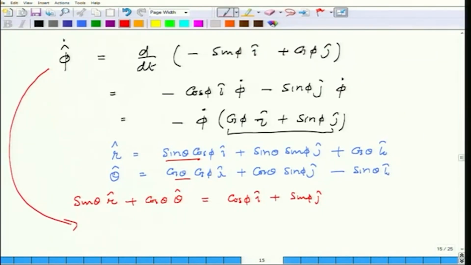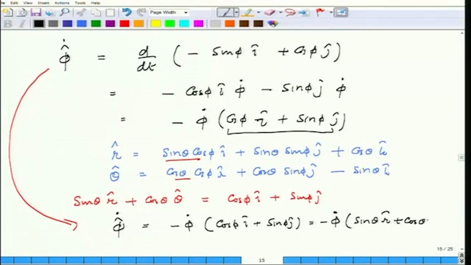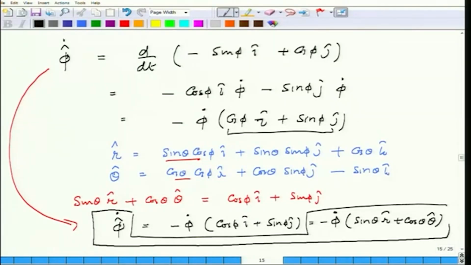So therefore, using this I can write phi unit vector dot is equal to minus phi dot cosine phi I plus sine phi j, which equals minus phi dot sine theta r plus cosine theta theta. Notice that now we have written all these in terms of r, theta and phi, and no reference to Cartesian unit vectors.